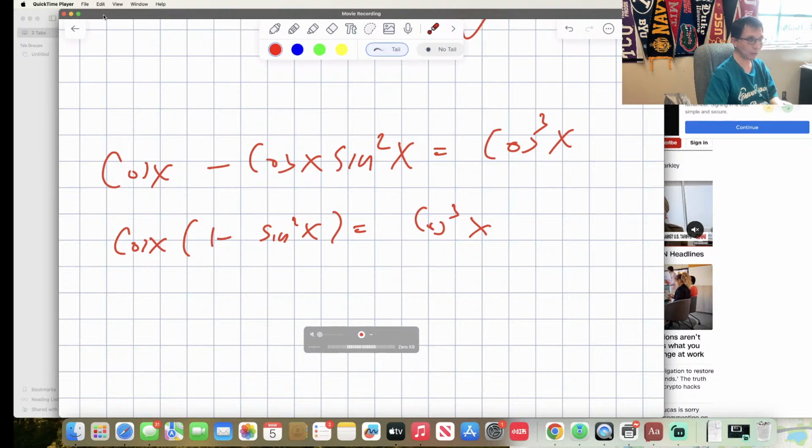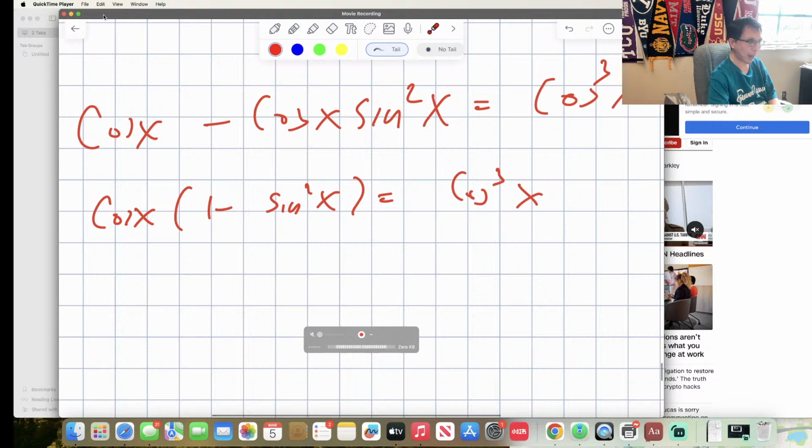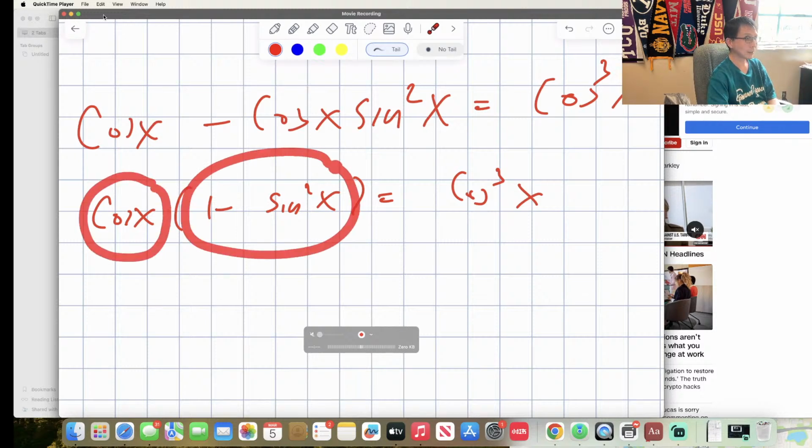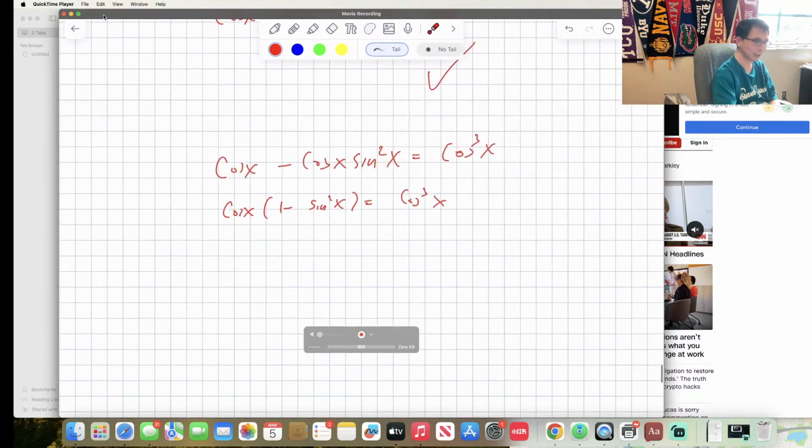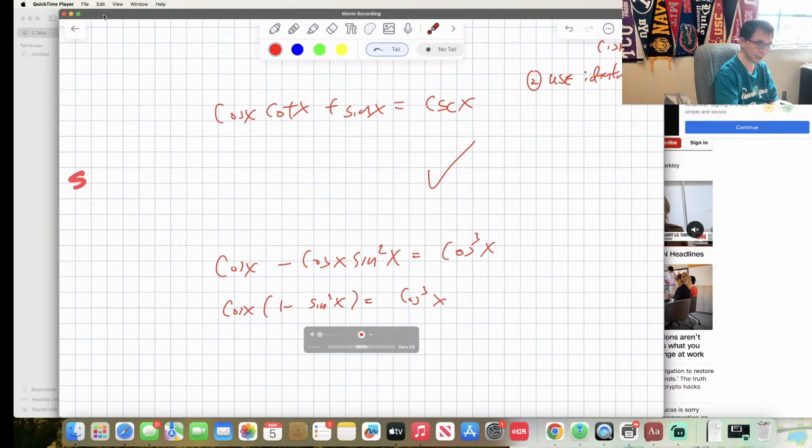All right, so what do you know about this? Once you factor out cosine, what do you know about this? Again, it's a Pythagorean identity. Have you seen the book Brown Bear, Brown Bear? What do you see when you grow up? I call this a brown bear.